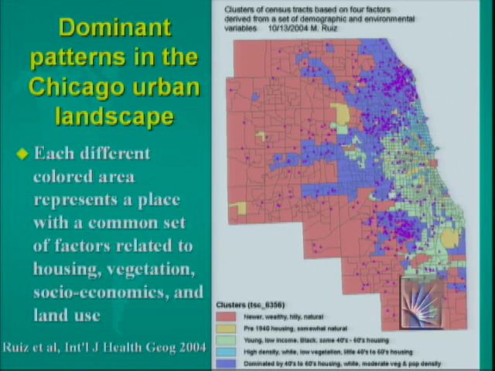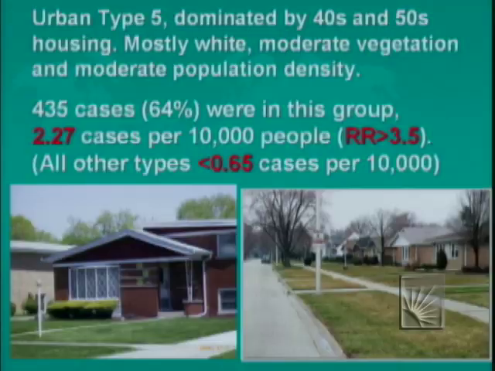So what we did is we divided basically the greater Chicago area according to housing, vegetation, socioeconomic data, land use data, and came up eventually with 5 different categories ranging from new, wealthy, hilly, natural, to areas that had high density, white, low vegetation, and housing from the 40s to the 60s, or lack of that kind of housing. And what we came up with, that there was one type, urban type 5, dominated by housing from the 40s and 50s.